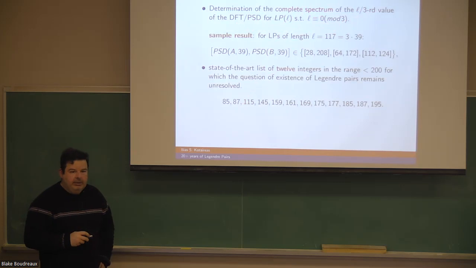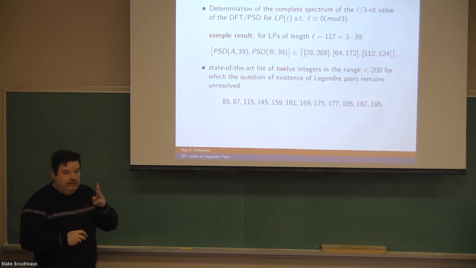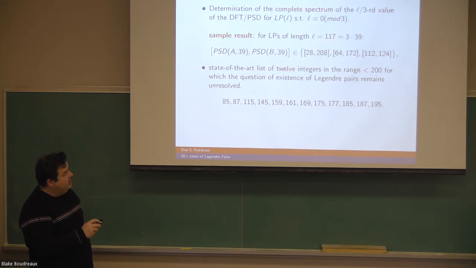So when the Legendre pair order is divisible by 3, then we're able to say, for instance, this is a sample result: if L is 117, 3 times 39, then we can prove that the PSD of A at 39 and the PSD of B at 39, the spectrum of these values, is a very, very small set, just three different possibilities only, right? Although you have this big length, the PSD at 39 must belong to these three pairs of values.